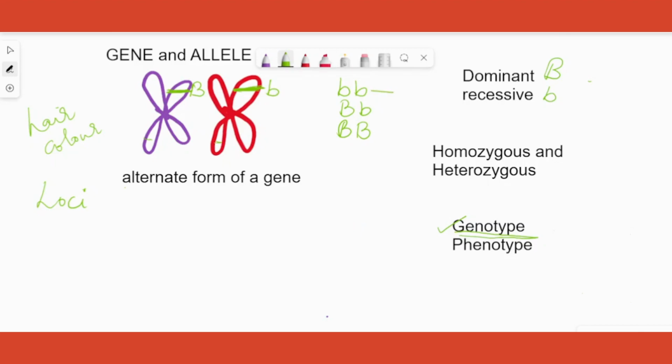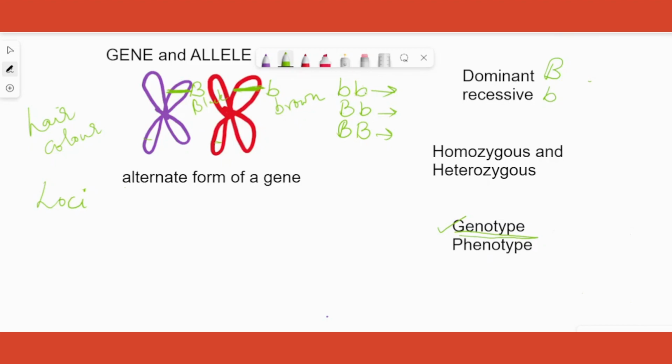Now, what it shows, what will be shown in the progeny or in the organism, is called phenotype. For example, for the hair color gene, this is a dominant gene which will give black color, let's say, and this is a recessive gene which will give brown color. The effect of this and this, whatever you get, is called a phenotype.